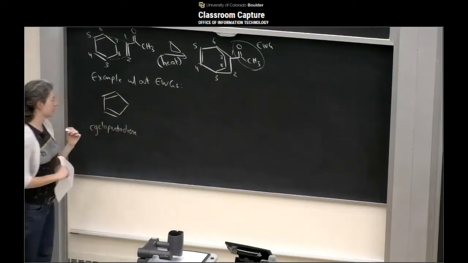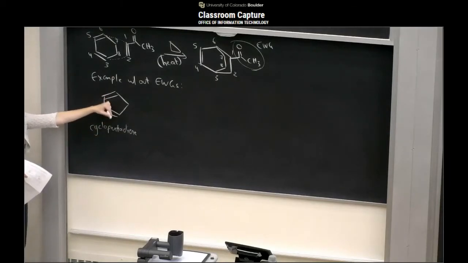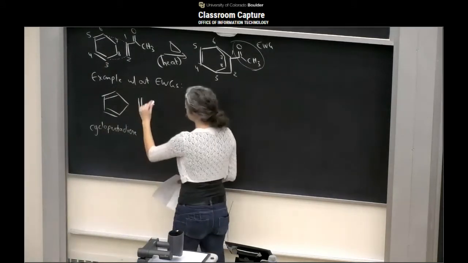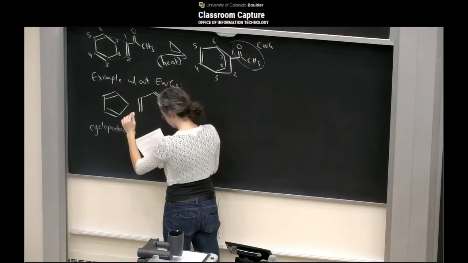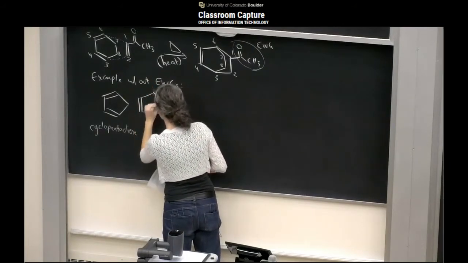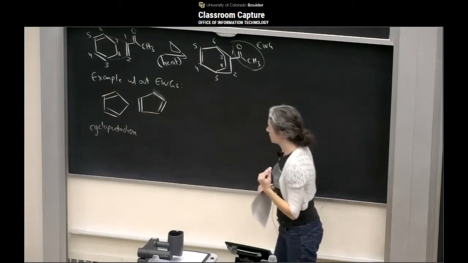Okay, so this is cyclopentadiene. It can serve as a diene, obviously, but it can also serve as a dienophile. How did I draw this in the notes? Okay, so that's how I have it in the notes.